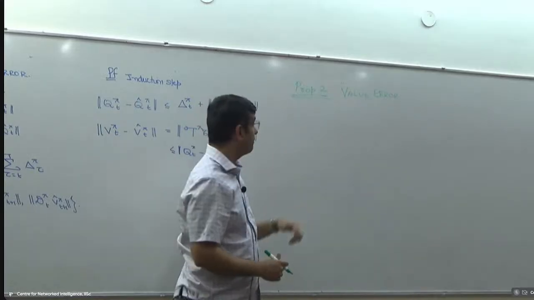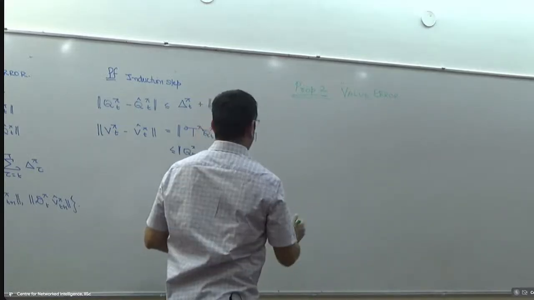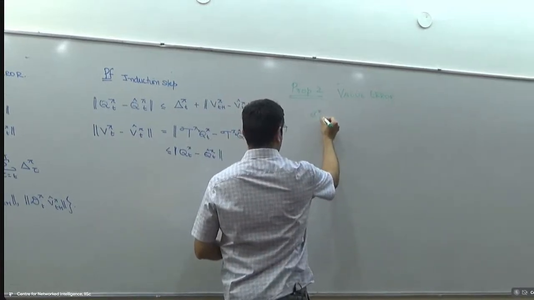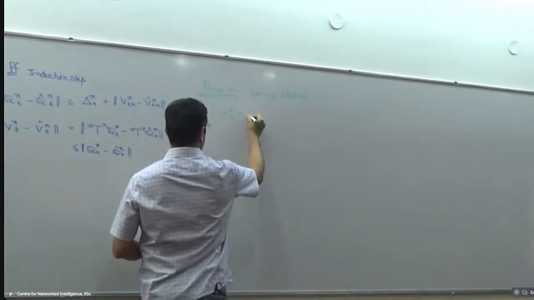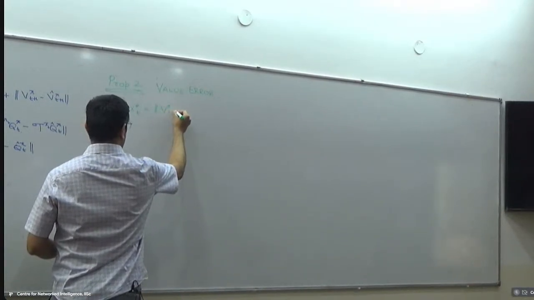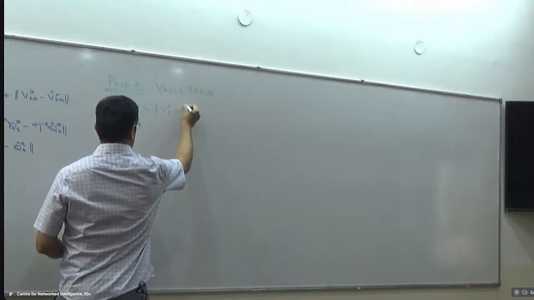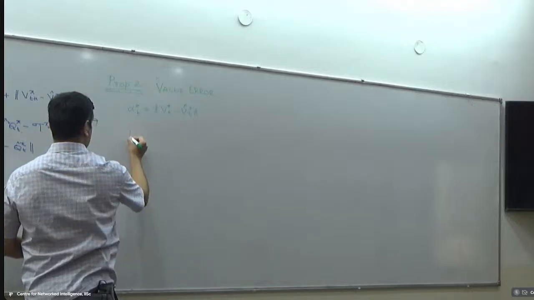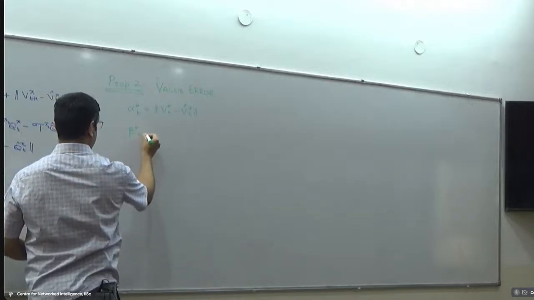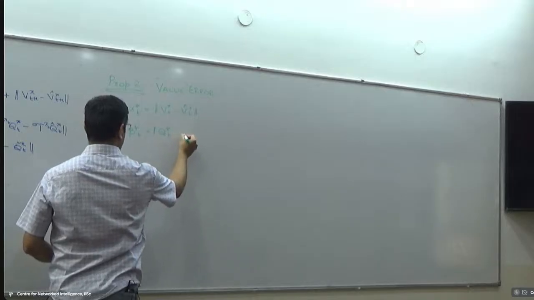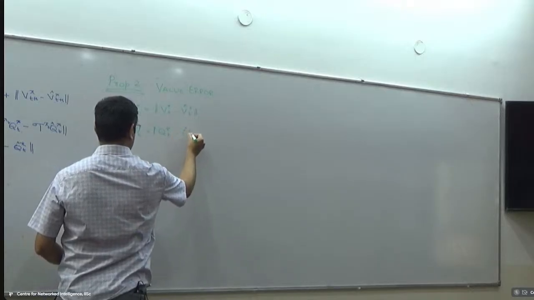Okay. So, I will now say let alpha star t be equal to v star t minus v hat star t, beta star t is q star t minus q hat star t.